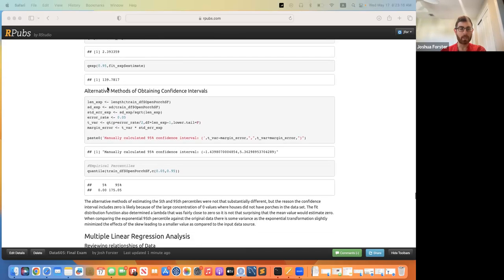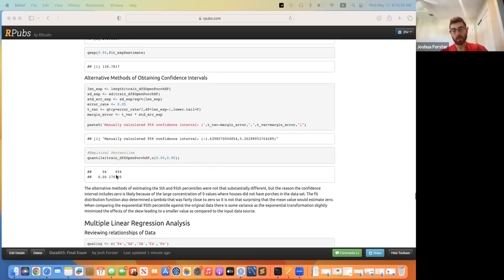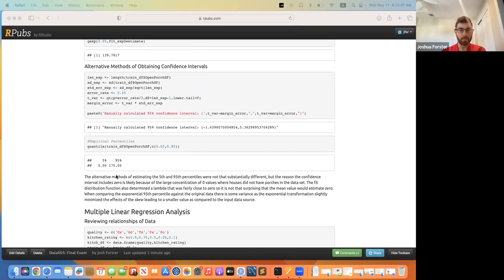Comparing the 95th percentiles between what the exponential showed and what the quantile showed of the original data, this is consistent with reviewing the distributions, in that the skew is substantially diminished once we transformed it, and that's leading to the discrepancy across those 95th percentile values.